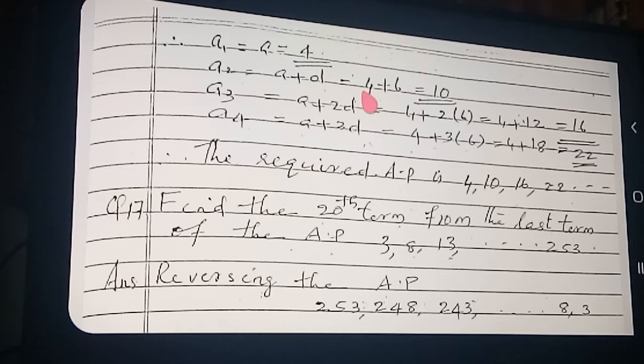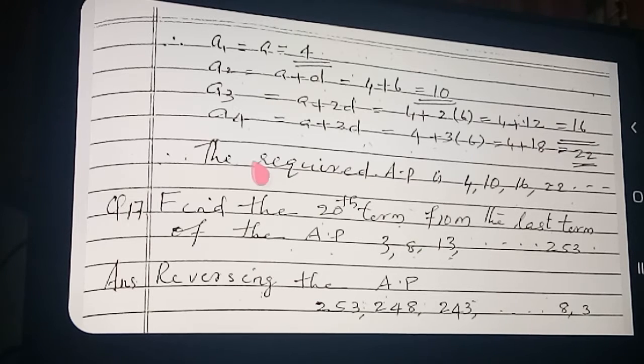That means 4 plus, what's the value of D? 6. 4 plus 6, 10. And A3, what is the short formula of A3? A plus 2D. That means 4 plus 2 into 6. 2 into 6, how much is coming? 12. 12 plus 4, 16. Now A4. A4 means A plus 3D. That means 4 plus 3 into 6, 18. 18 plus 4, 22.